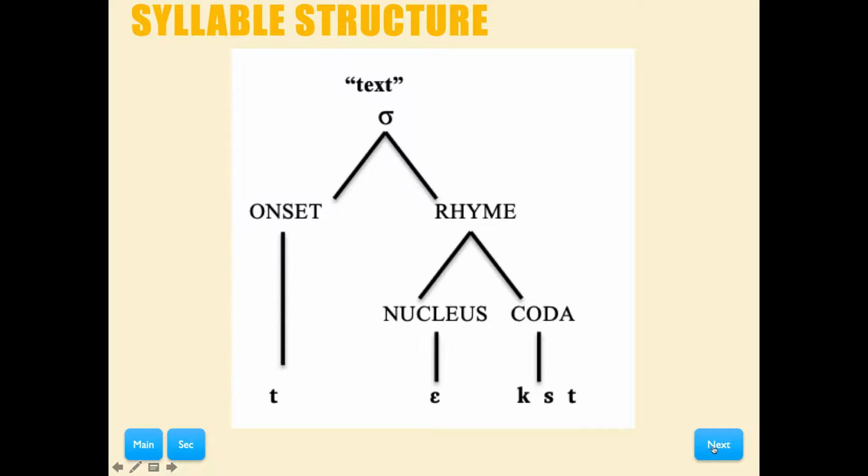Or we have the word text, where we have again 3 consonants in the coda position. Now again, for speakers of Spanish as a native language like me, these complex codas in English can be quite difficult to pronounce sometimes.